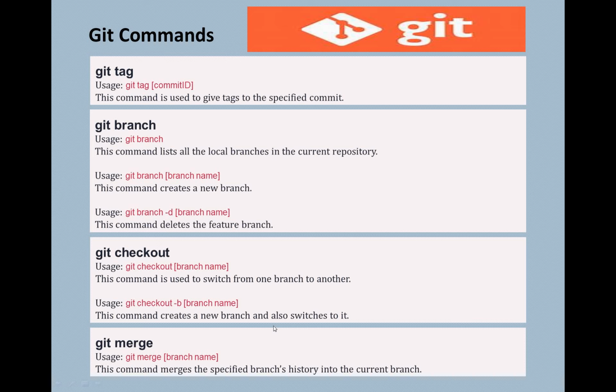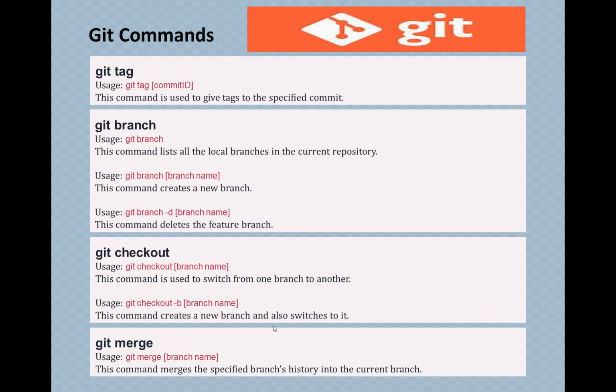Next command is git branch. You can type git branch. This command lists all local branches in your current repository. Then the next usage of the same command is git branch and branch name. This command creates a new branch, and the third usage is git branch -d and branch name.